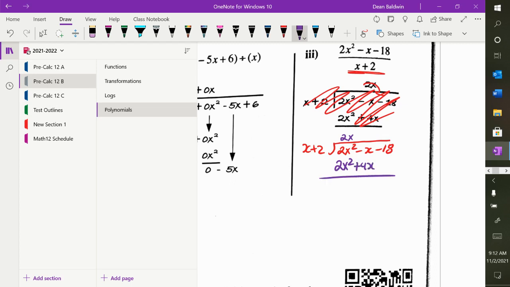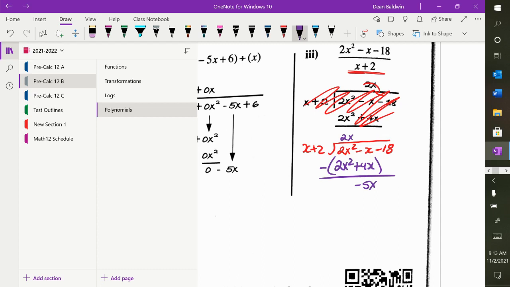We have the x squareds lined up because those are like terms. And we have the x's lined up because those are like terms. What do you do with these two things? Subtract them. Same thing as long division. What's 2x squared minus 2x squared? 0x squareds. Negative x minus 4x is negative 5x.